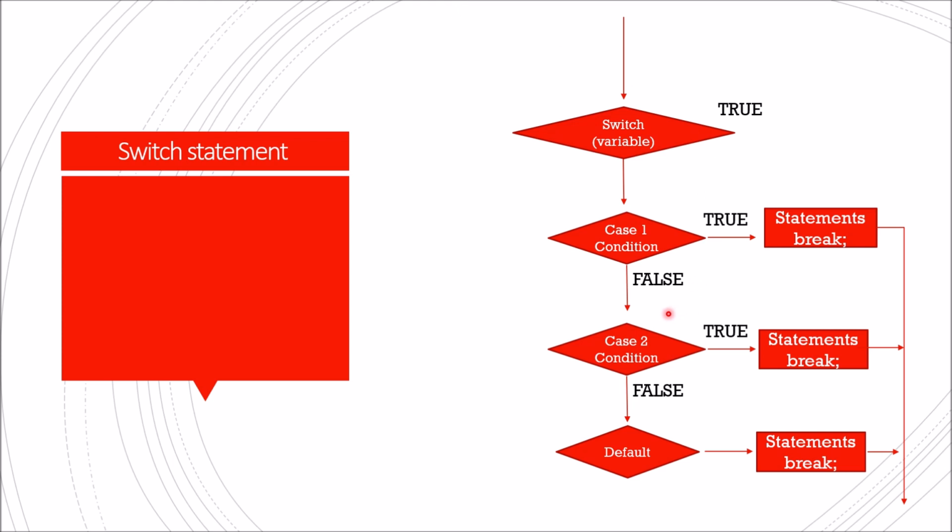In case this variable has any different value than the ones specified in these cases, it will look for a default case and will execute predefined statements for that case in which this variable does not have any of the desired values, and then we'll go out from this process and continue to the rest of the program.